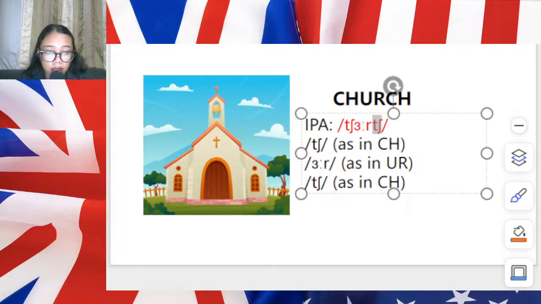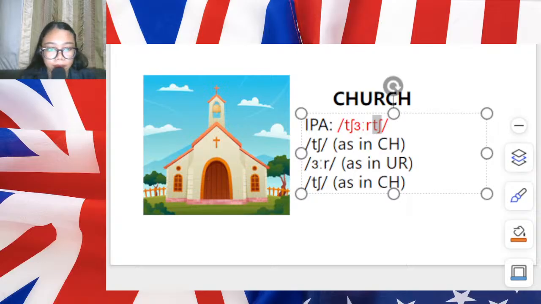Church. Again, church. So when you look at that one, you're seeing the precise and unambiguous sounds of the word church. Despite the spelling having six letters, C-H-U-R-C-H, the IPA transcription shows us that it only has three distinct sounds, perfectly clarifying how those letter combinations work at both the beginning and the end of the word.